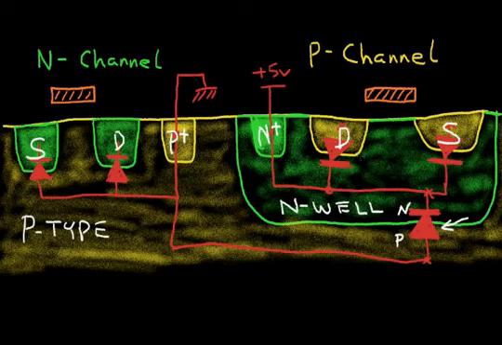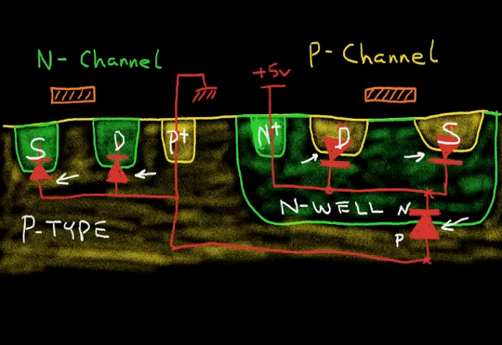Now in the P channel we have a diode from the drain and from the source to the N well region. And over in the N channel we have a diode from the P-type substrate to the drain and to the source region. Now it is very important that these diodes never become forward biased.